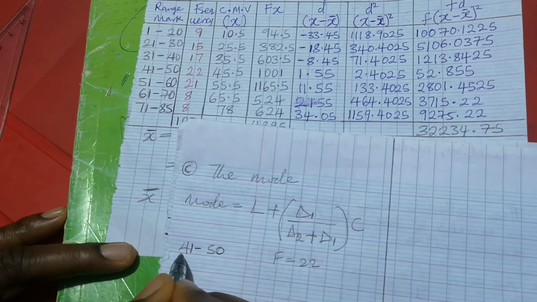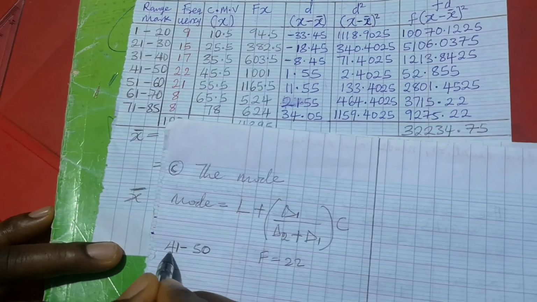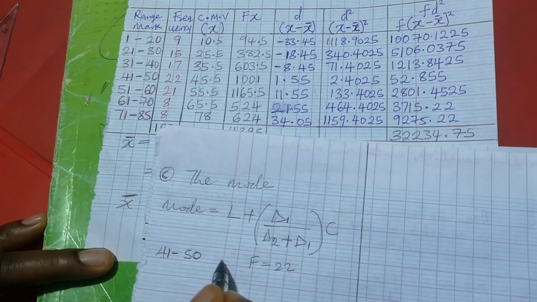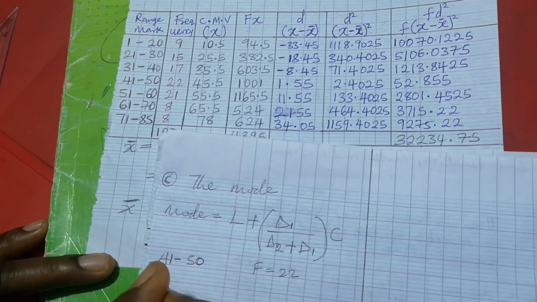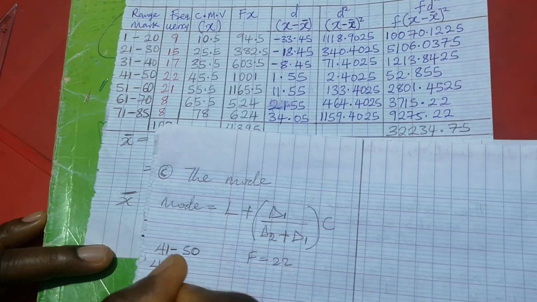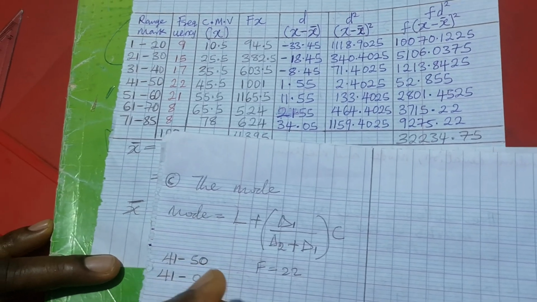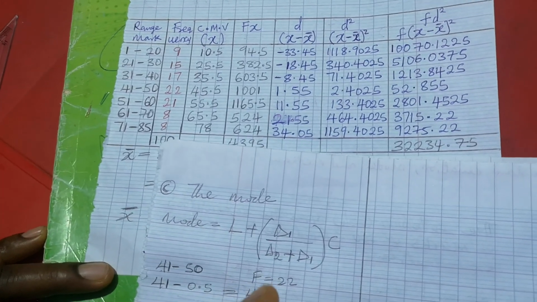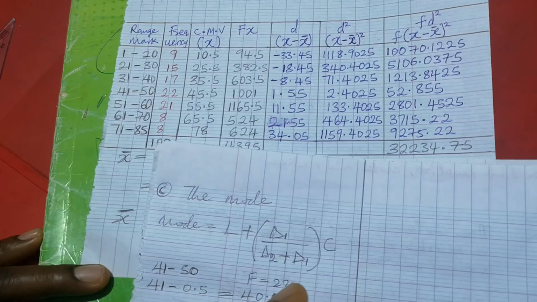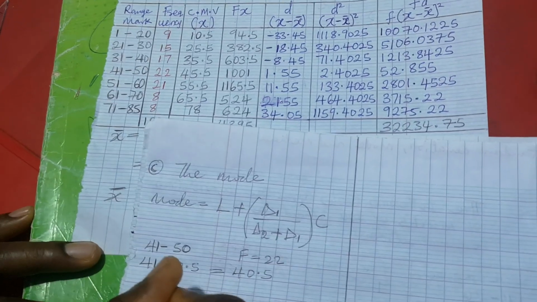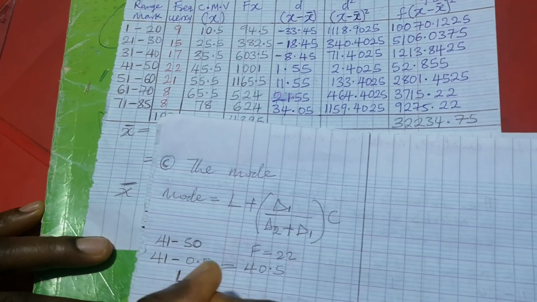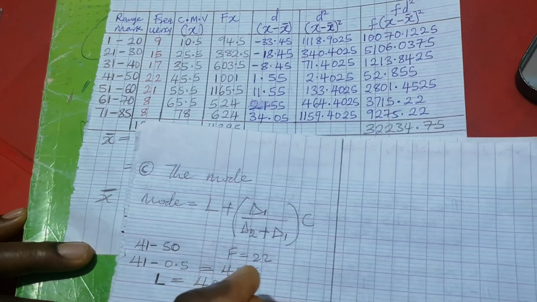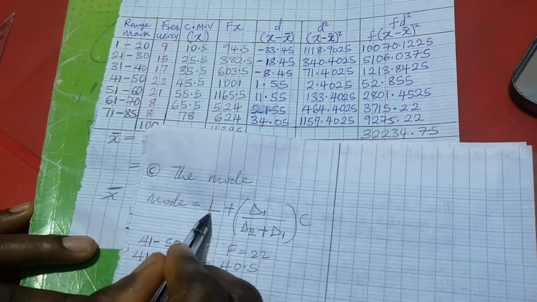If we subtract 0.5 from 41, we get the lower class boundary: 41 minus 0.5 gives us 40.5. So our L is now equal to 40.5.